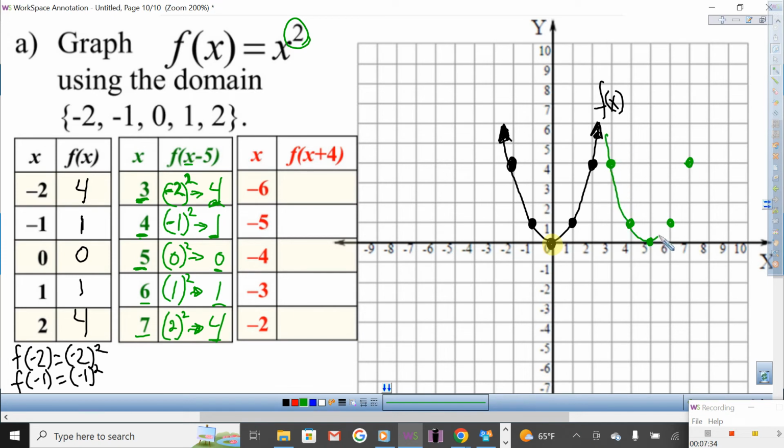Graph your new parabola and label this one. This is no longer a parent function, so it can't be f of x. What are we going to label this one? Yeah, g of x.